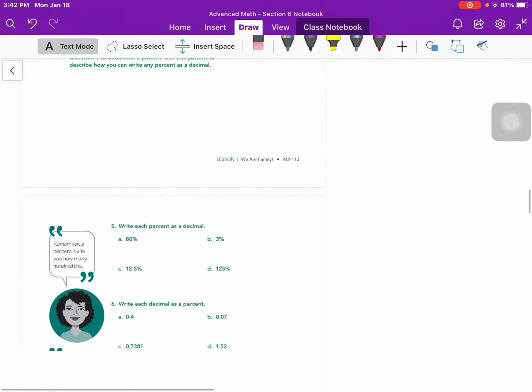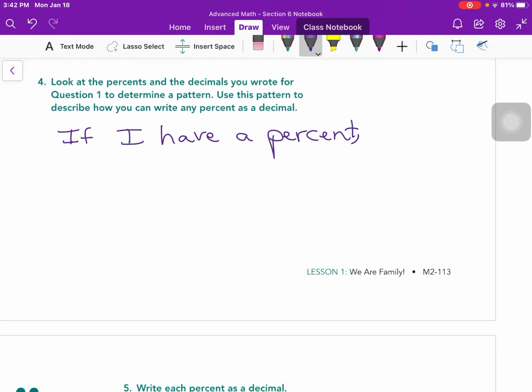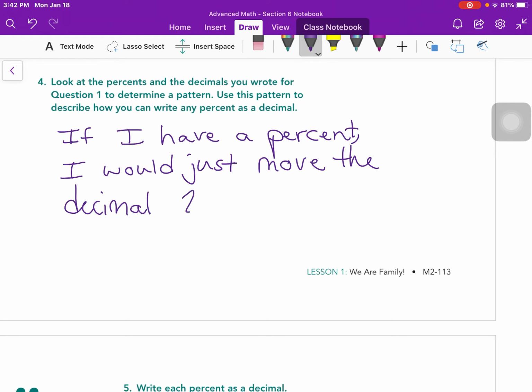So I'm going to say that use this pattern to describe how to write any percent as a decimal. I would say if I have a percent, I would just move the decimal 2 places to the left if I'm going from percent to decimal.